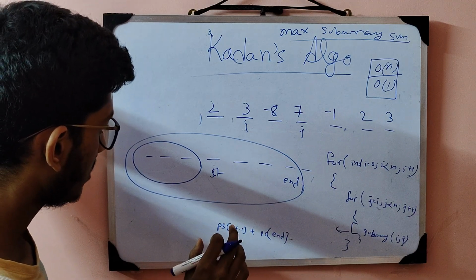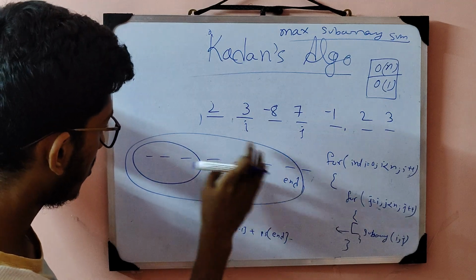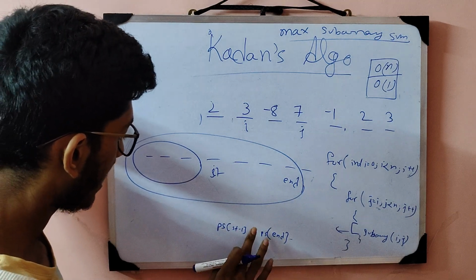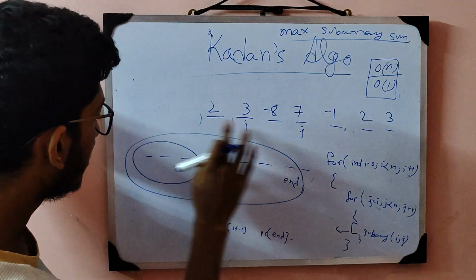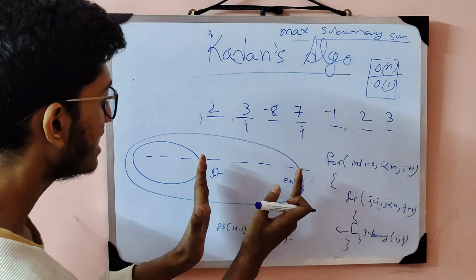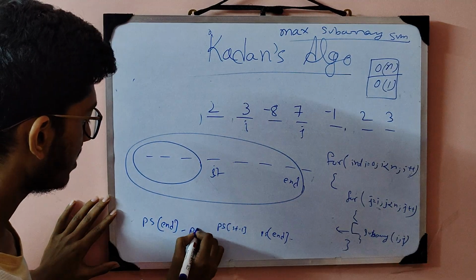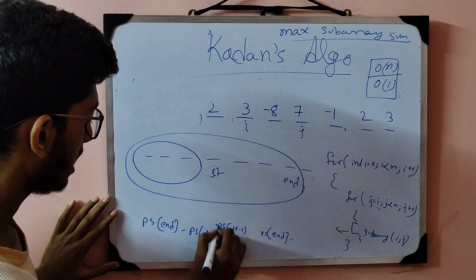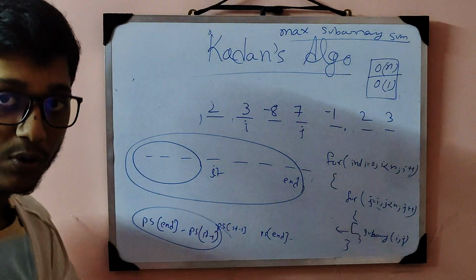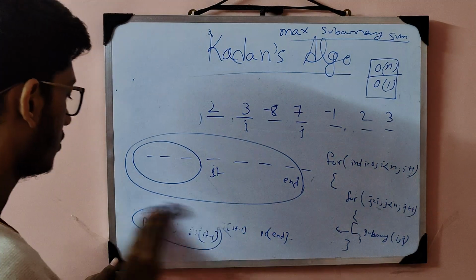And if you subtract this bigger part from this part, you will get this part. So prefix sum of end minus prefix sum of start minus 1, you will get the subarray sum. And you can use the same concept using suffix sum also.